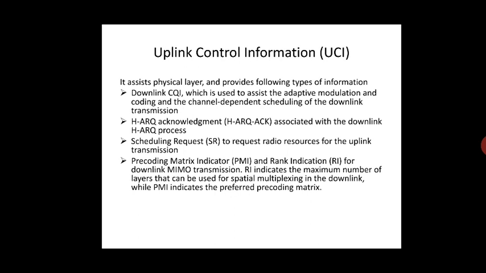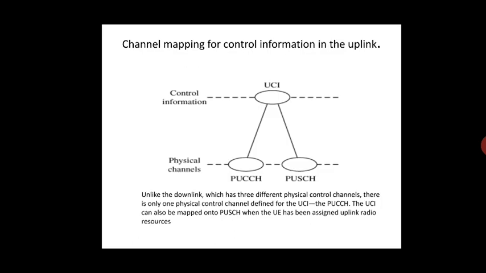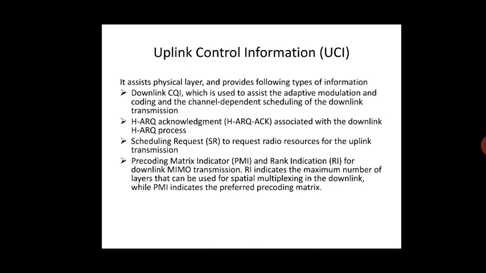That is what I mean by channel mapping with the uplink control information. When data is provided from the uplink control information, it has to be properly mapped so that the information is transferred from one layer to another during hopping techniques.